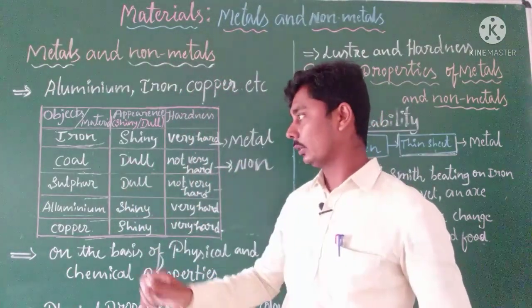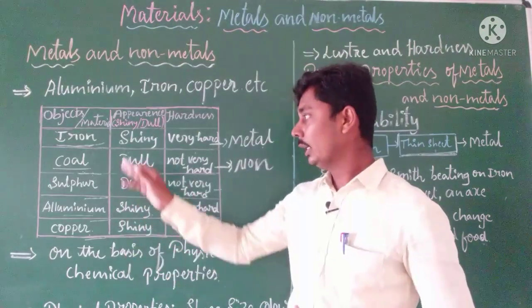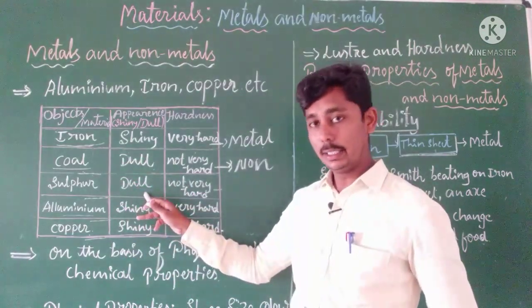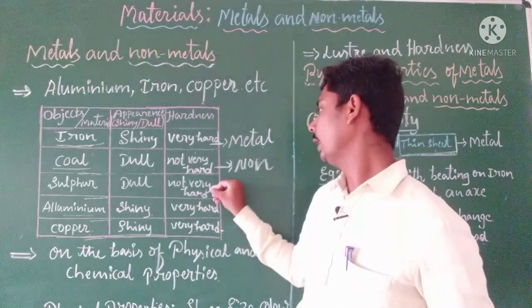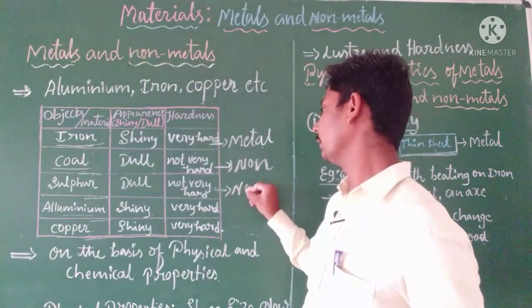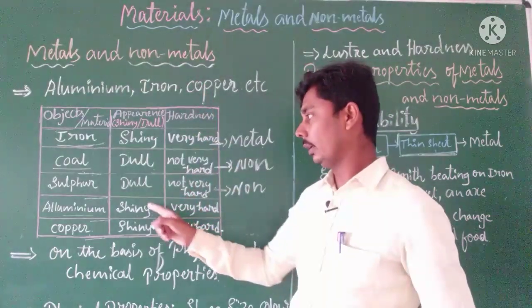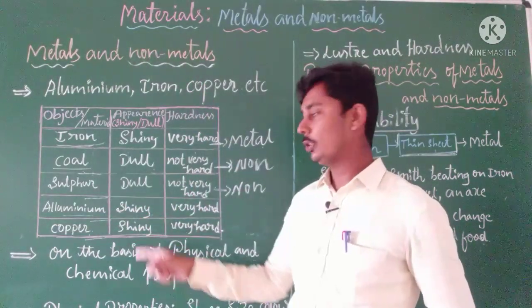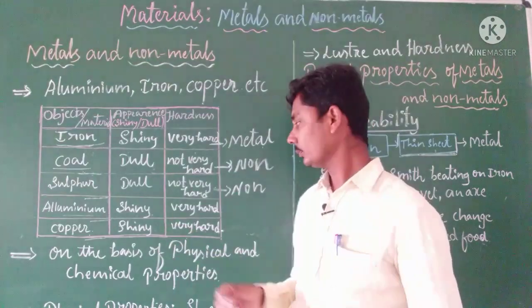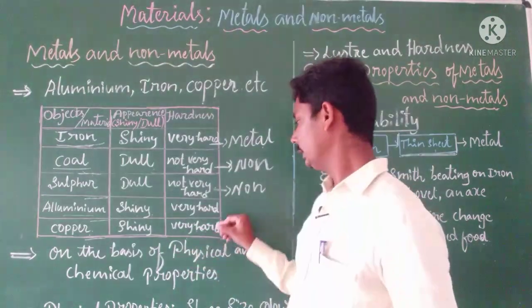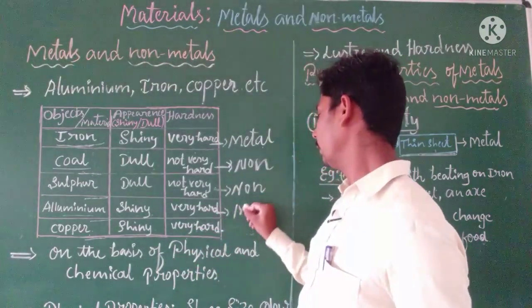And sulfur is also one of the materials. This material shows a dull nature. This is also a non-metal, another non-metal. Aluminium shows a shiny nature and is very hard. This is also a metal.